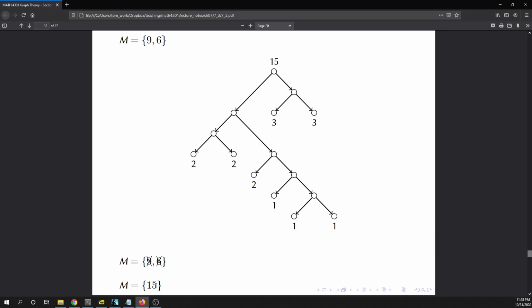And now in step 3, we can see that there is only one number left in the multiset. And so we stop there. This tree is the minimum weighted binary tree for the multiset, okay?